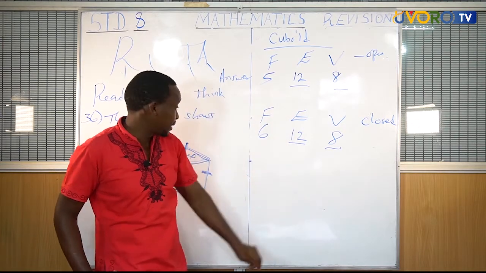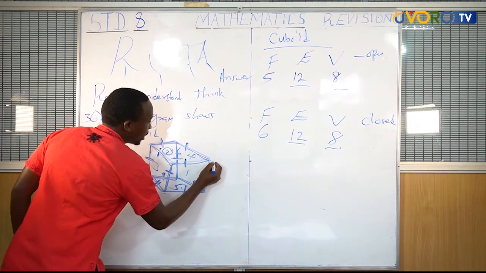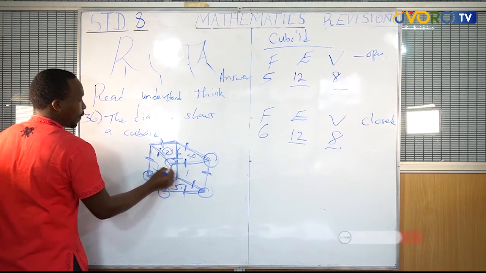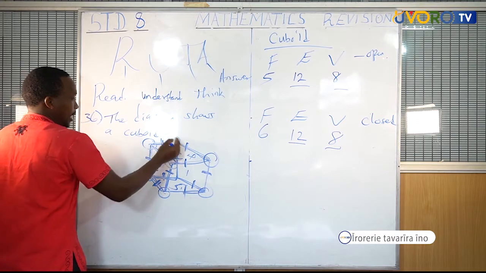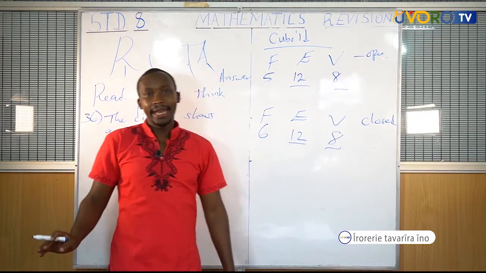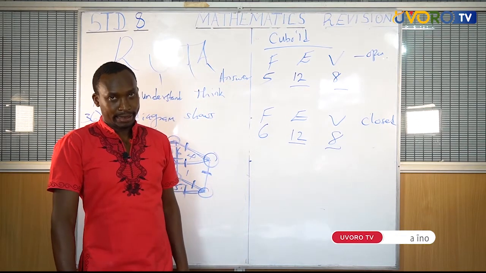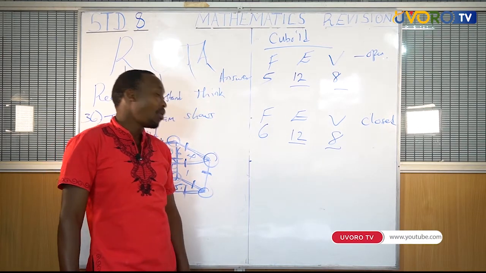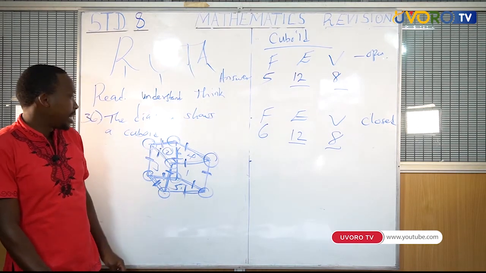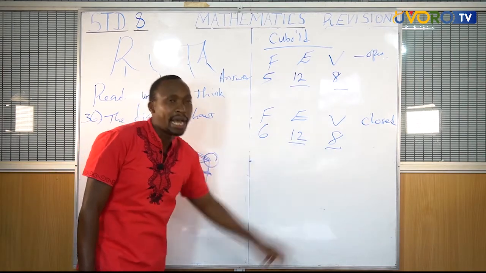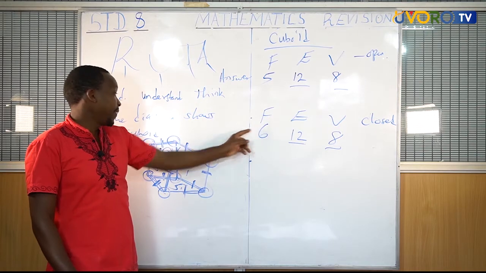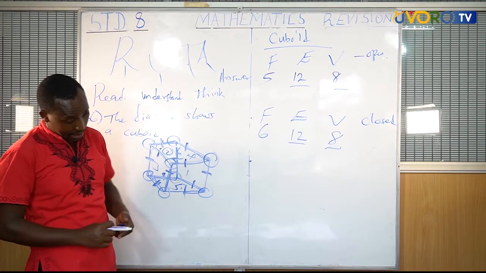Vertices, corners. Now, let's count them. 1, 2, 3, 4, 5, 6, 7, and the last one, 8. Those are the vertices, the corners. These ones are the lines, and these are the faces that are looking at us.